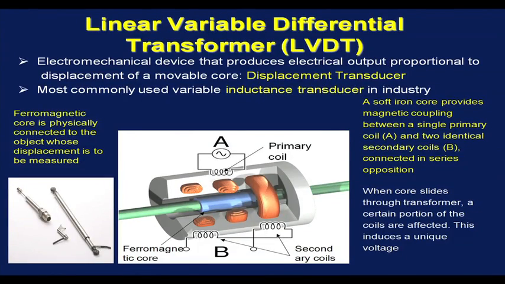Let us now talk about another electrical transducer, and we talk about linear variable differential transformer, commonly known as LVDT. LVDT is an electromechanical device that produces electrical output proportional to displacement of a movable core.